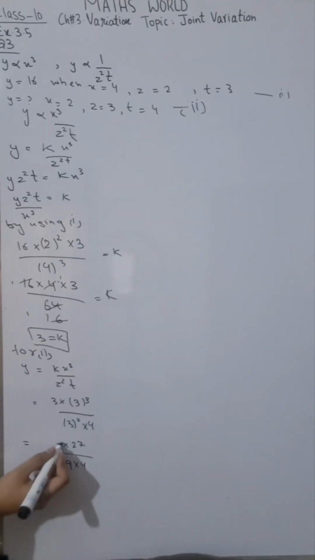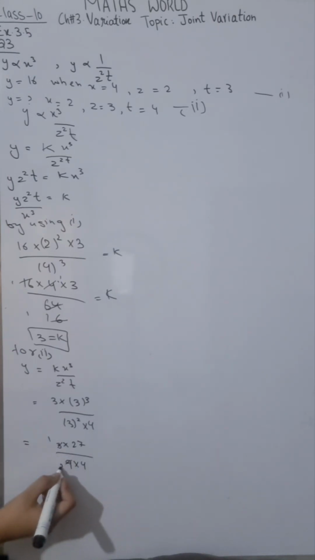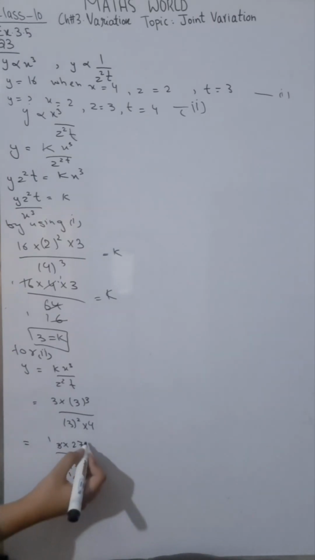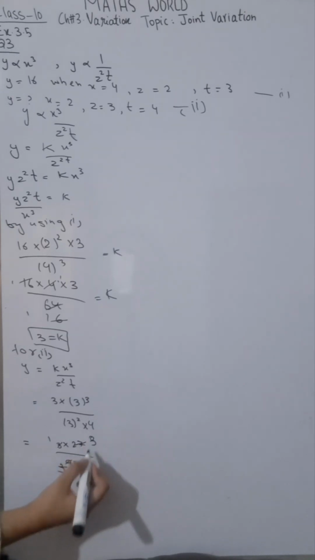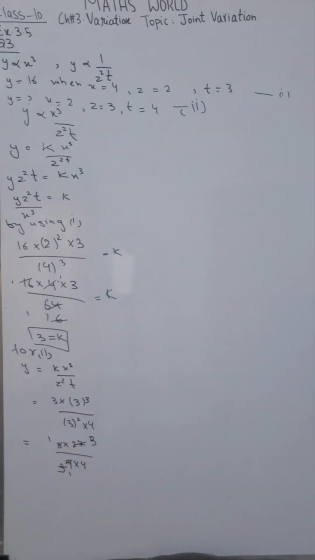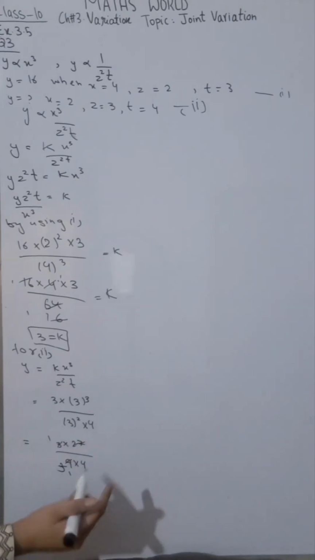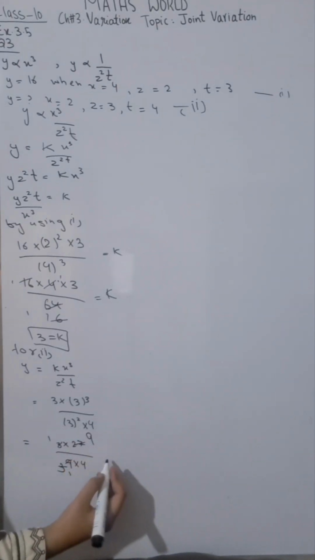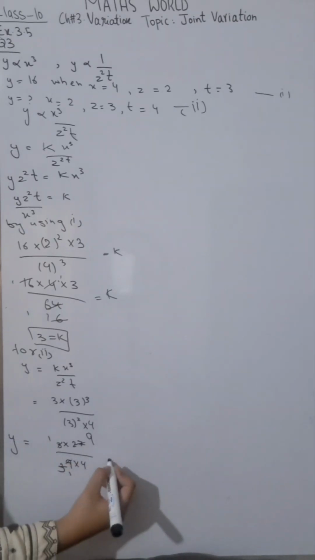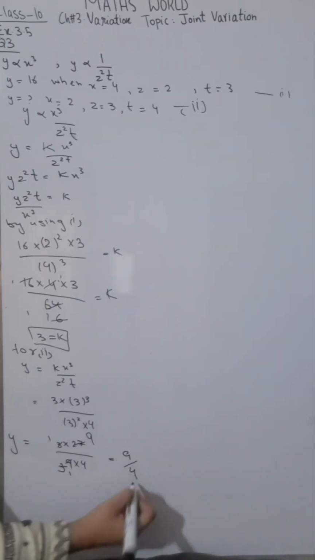Very simple. 3 1s are 3, 3 3s are 9. So you get the value of y, that is 9 by 4.